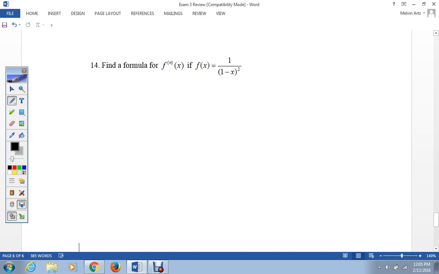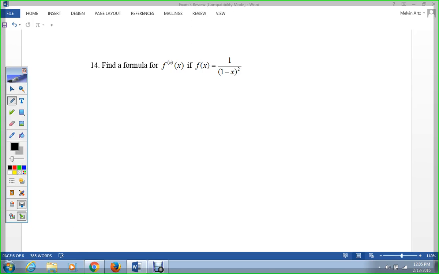Find a formula for f's nth derivative of x. Now, with these types of problems, we are looking for a pattern. So if we take f of x and rewrite it as 1 minus x to the negative 2 power, f prime of x would equal negative 2 times 1 minus x, subtracting 1 from the exponent, times the derivative of the inside function.